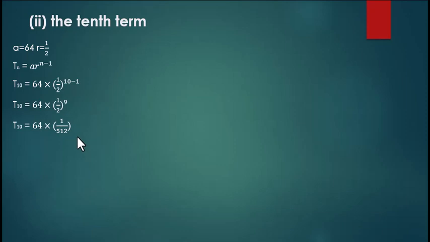So we have 64 over 512, which we reduce. 64 into 64 is 1, then 64 into 512 is 8. So this is just going to be 1 over 8 as our answer.